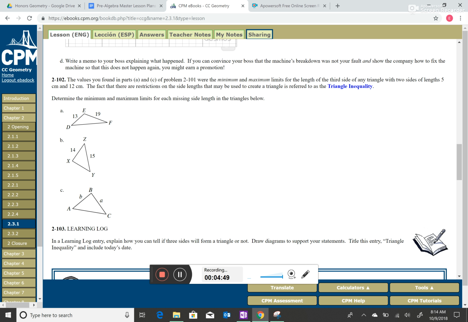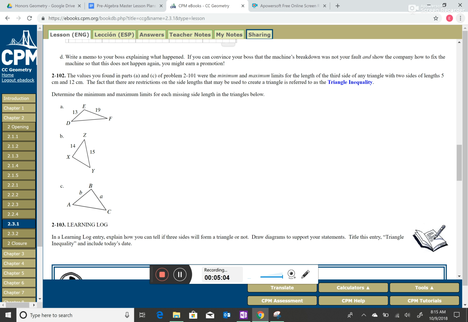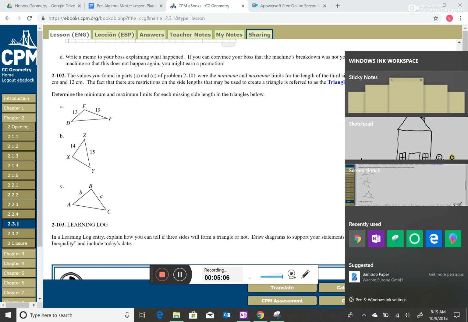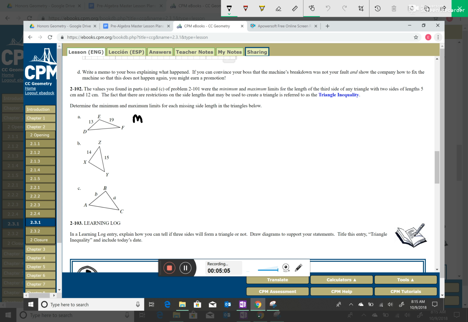So it's finding the minimum and maximum limits of the lengths. Even though in A it looks like that side DF is the longest, we want to know what all side lengths would work for that to be a triangle. So what we do for the minimum, you subtract the 2.